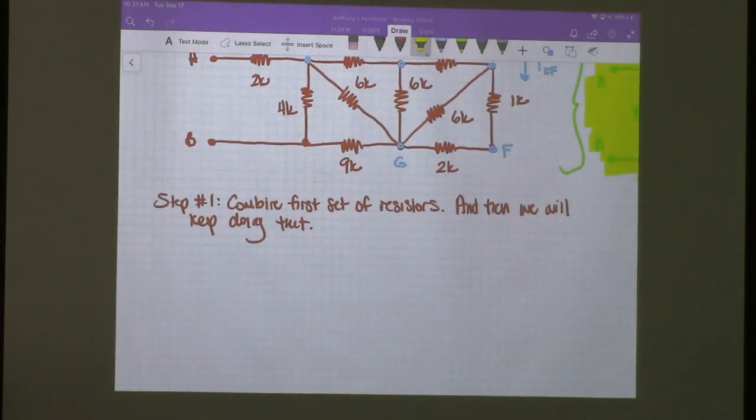So the first thing we're going to do is combine those three values together. I'm going to give that a name.